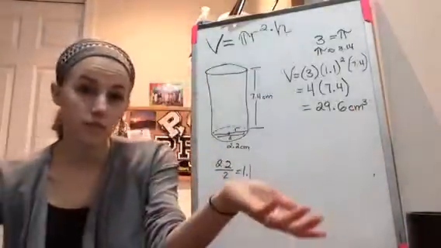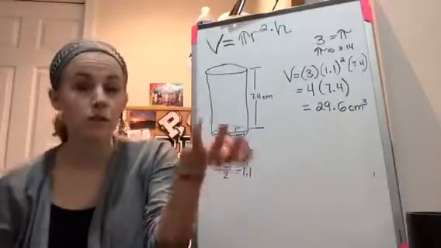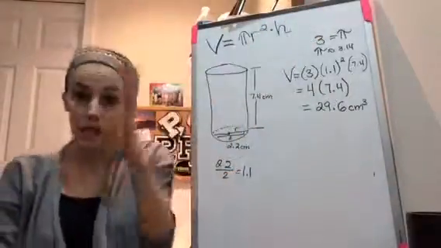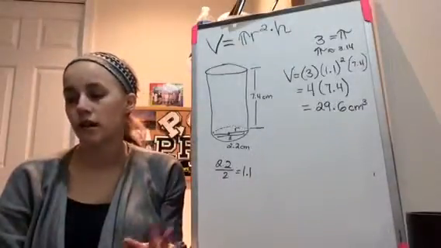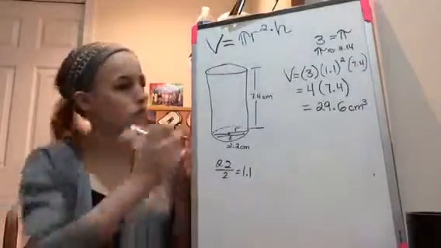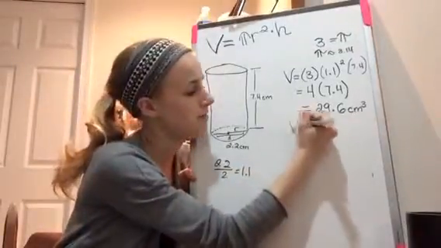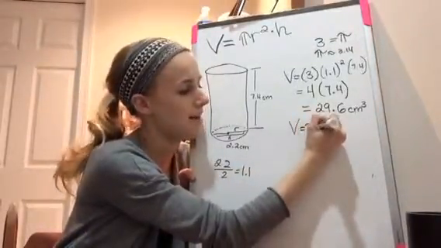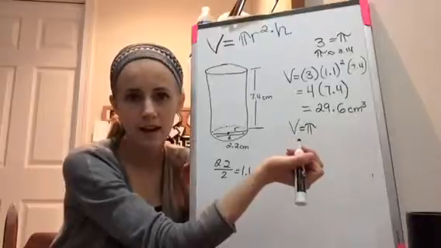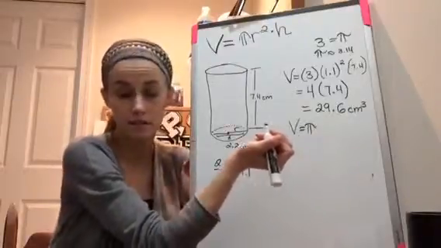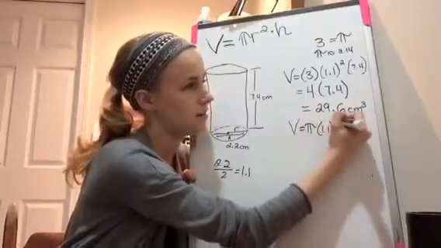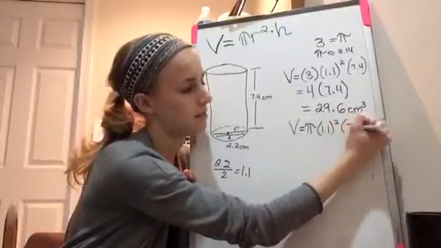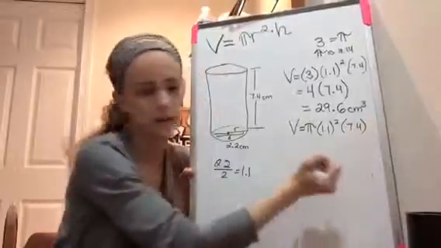Now, when we actually want to find the volume and we want to be more precise, not just round up to 3, we're going to actually plug it into our calculator. So we're going to then keep V equals pi, and we have that button on our calculator, so might as well use it, times 1.1 squared times 7.4, which is our height.